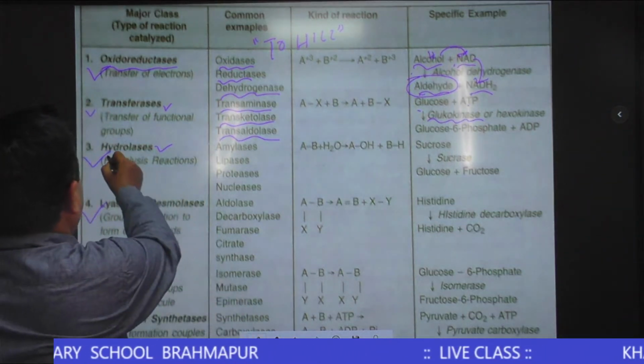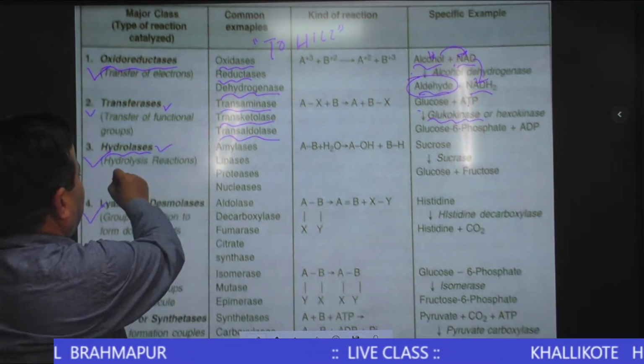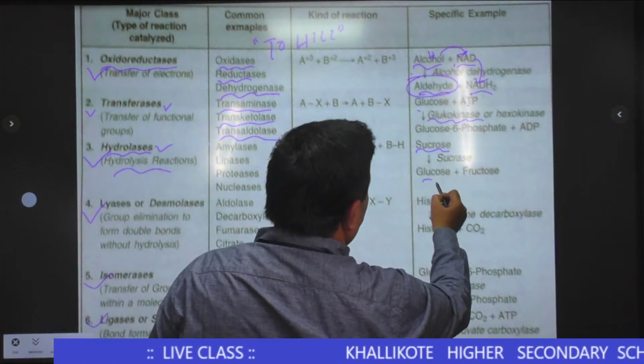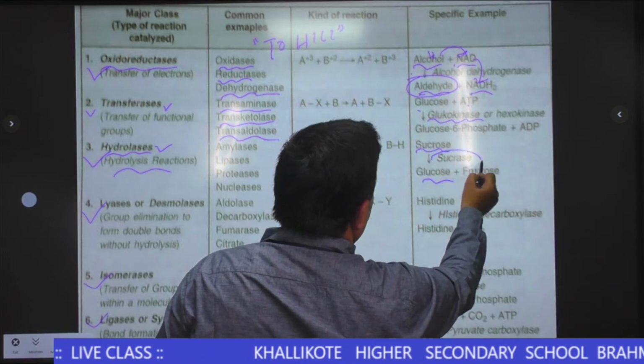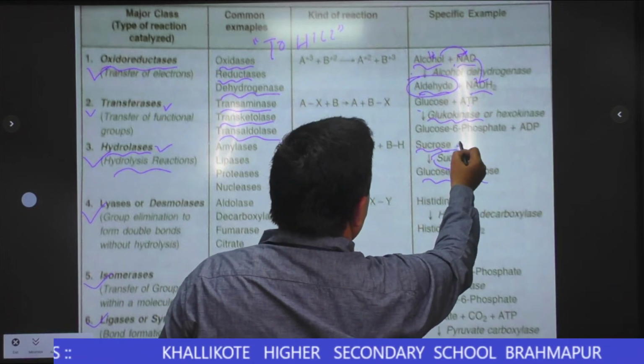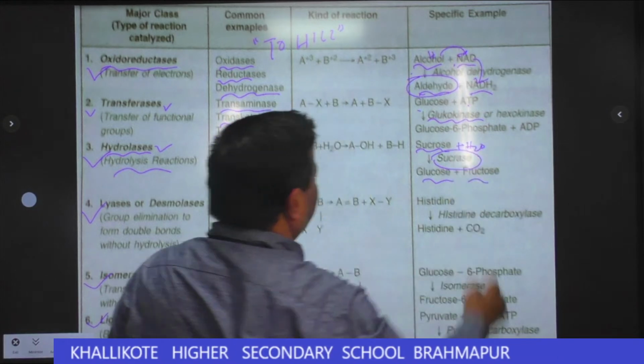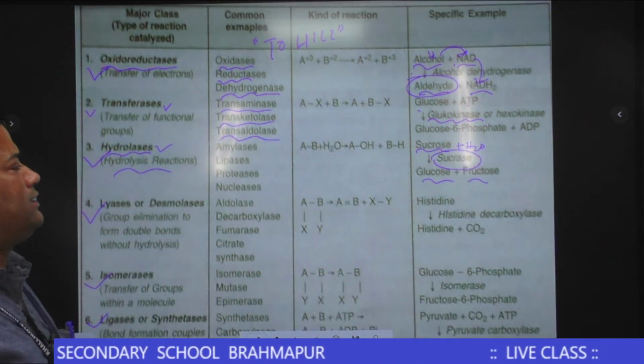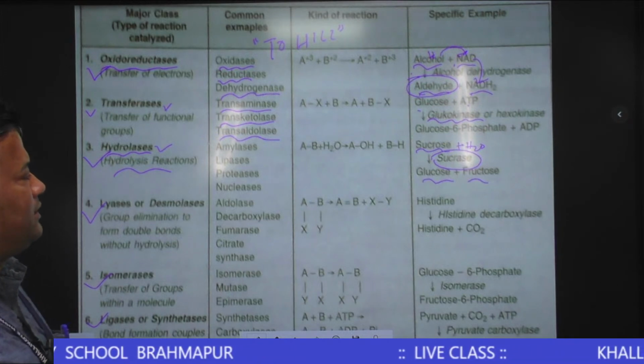Here in the hydrolysis reaction, sucrose gives rise to glucose plus fructose in presence of the enzyme sucrase and water. Sucrase is one type of hydrolase enzyme.